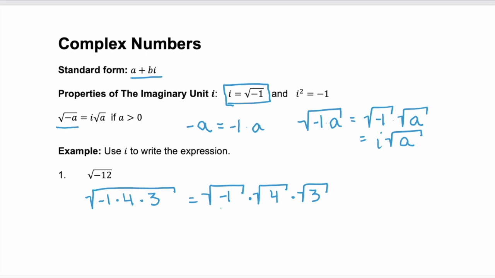We can take the square root of -1, that's our imaginary number i, and the square root of 4, that's 2, and the square root of 3, well, 3 is not a perfect square, so it stays as the square root of 3. The proper way to write this is to put the real number, then the imaginary, and then the square root. So 2i square root of 3 is equivalent to the square root of -12.